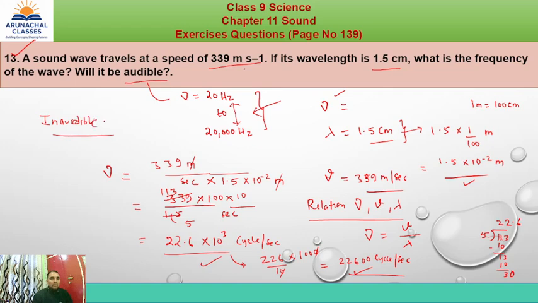The sound is inaudible to human ears because the range between 20 hertz to 20,000 hertz only is audible to human ears. And if it is more than 20,000 hertz, it is inaudible sound, or if it is less than 20 hertz, it is also inaudible sound.